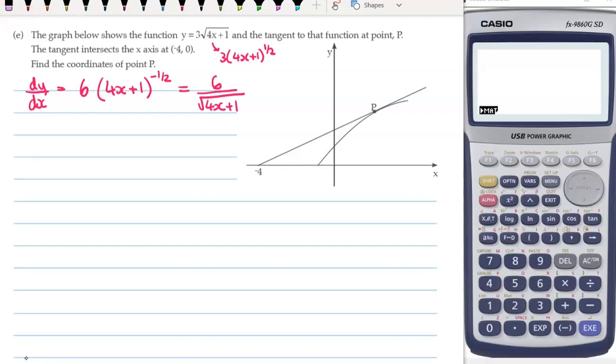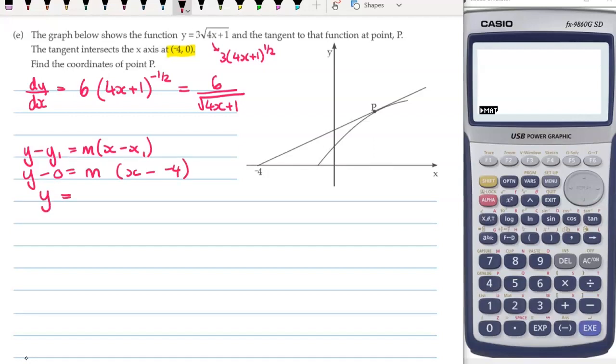What we need to work out is the equation of this line, so we can set it equal to the equation of the curve and find where they intersect for point P. So the equation of the straight line is y minus y1 equals m(x minus x1). We have a coordinate on the curve which is minus 4, 0. So y minus 0 is equal to m(x minus 4), sorry, x plus 4.